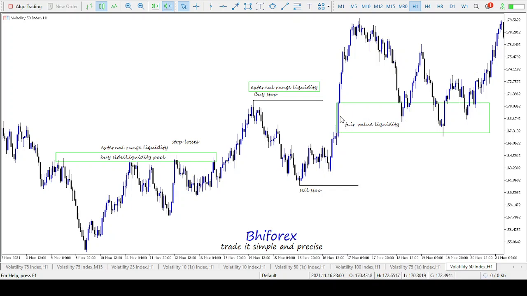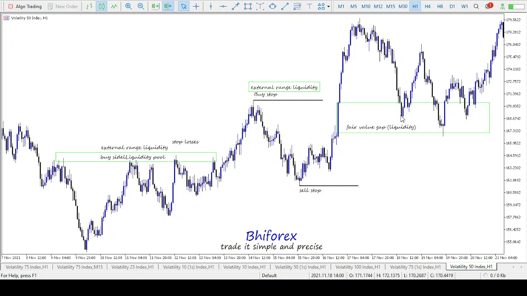Why is it a fair value gap? Internal range liquidity. That's because while price was creating that gap, there was almost no trading activity inside of that gap. So it becomes a liquidity pool, a point of liquidity, because there was so much influx of money, or anything you want to call it, such that retail traders like you and me were not able to catch any move inside of this large expansion.